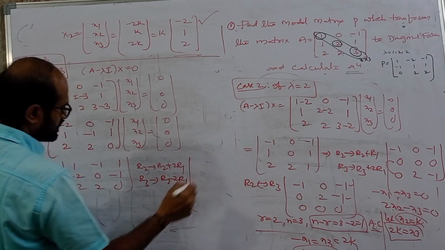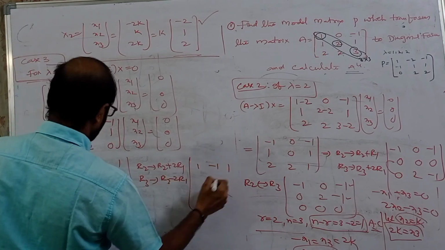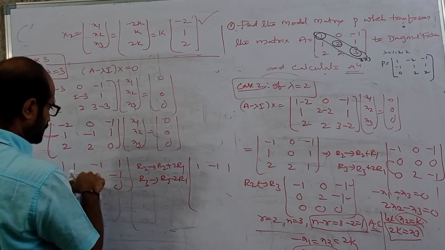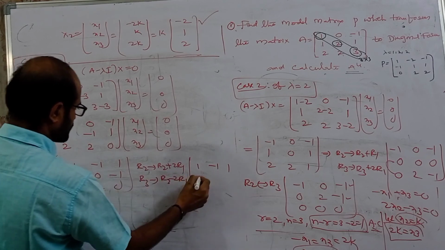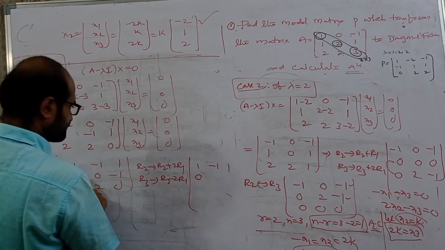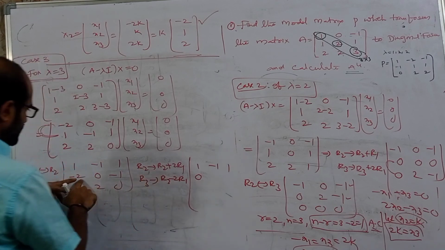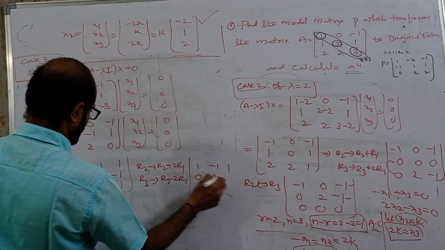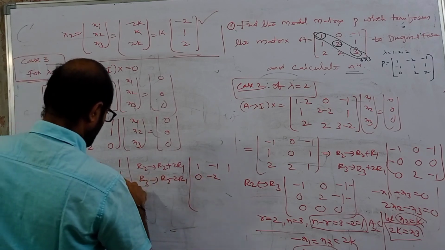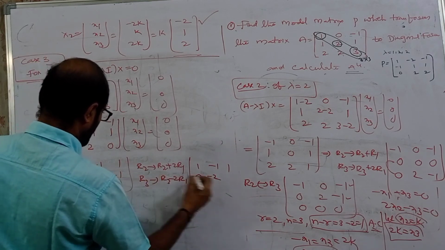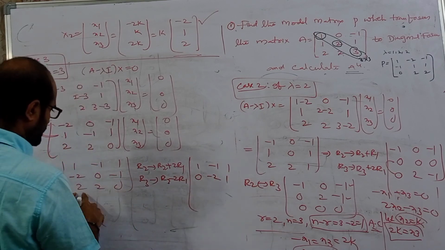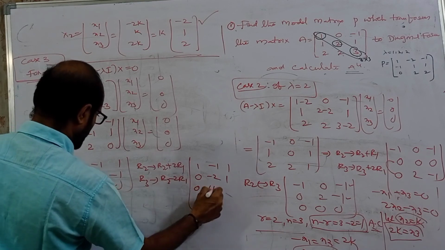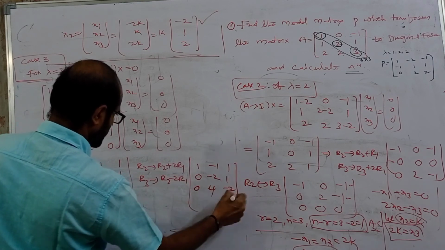Now check this: 1, minus 1, 1. R2 plus 2R1: minus 2 plus 2 is 0, then 0 minus 2, and R2 plus 2 means plus 1. And here R3 minus 2R1: R3 minus 2 is 0, then plus 2, 4, R3 minus 2 is correct.